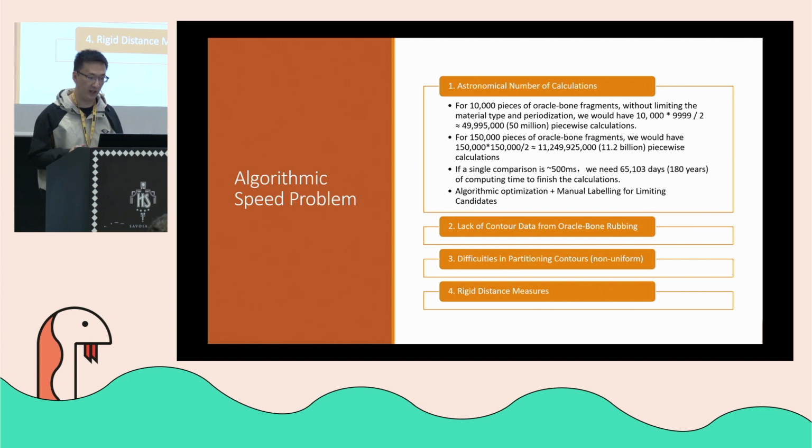So for example, if there are 10,000 pieces, at least 50 million piecewise comparisons are needed to search for relevant candidates. And if we are dealing with larger data sets, the number of calculations needed also rises very quickly, up to 11 billion calculations.